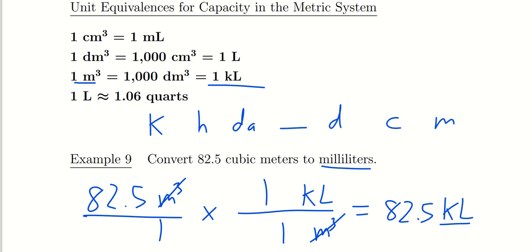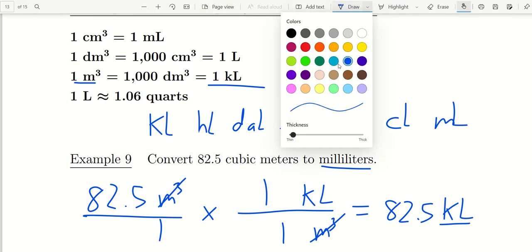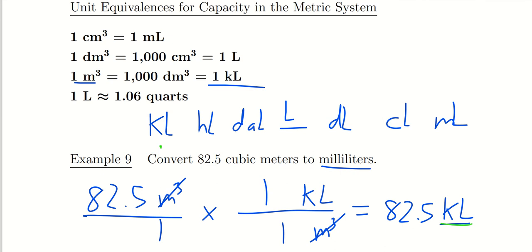When we're talking about volumes, the base unit is the liter. So it goes like this: kiloliters, hectoliters, decaliters, liters, deciliters, centiliters, milliliters. We have kiloliters right now. That's what our answer is. And we want to go to milliliters, which is right here.